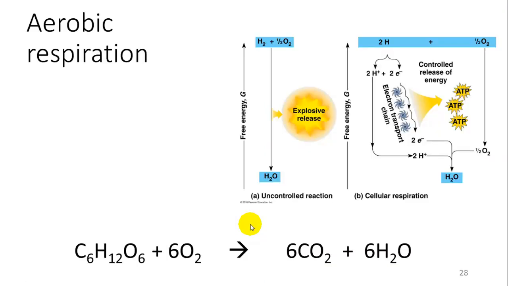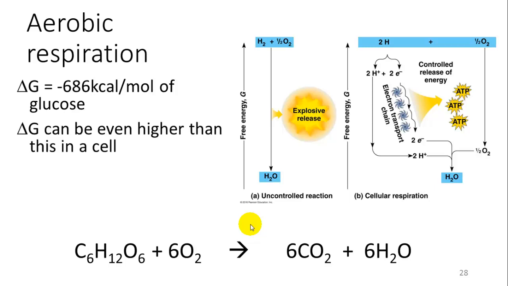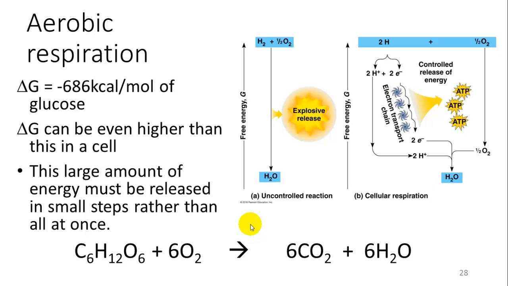So there is a lot of free energy in glucose, 686 kilocalories per mole. This can be even higher if the glucose is already in the cell. So this large amount of energy, if it was released all at once, would be quite explosive and not very useful.